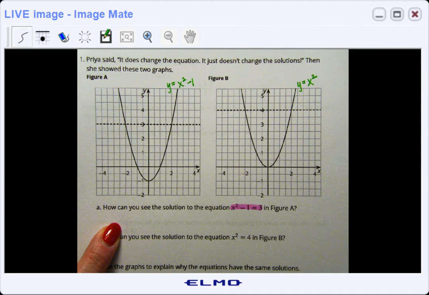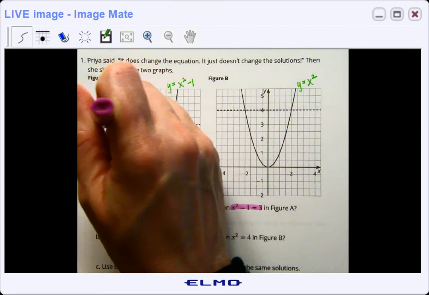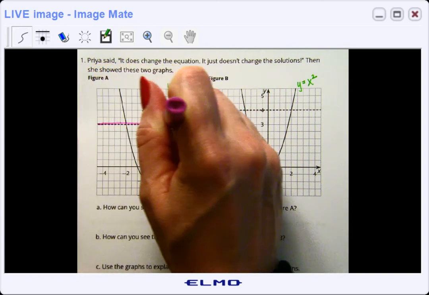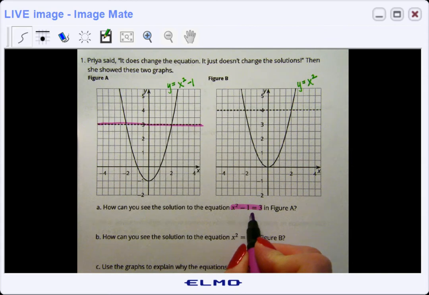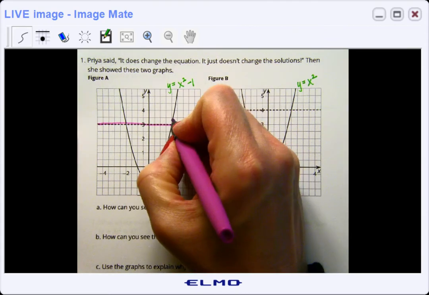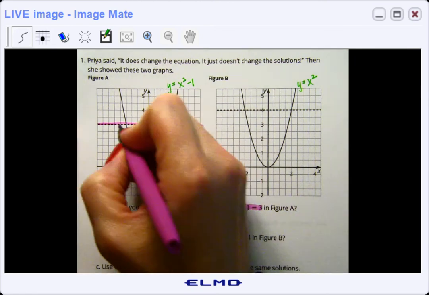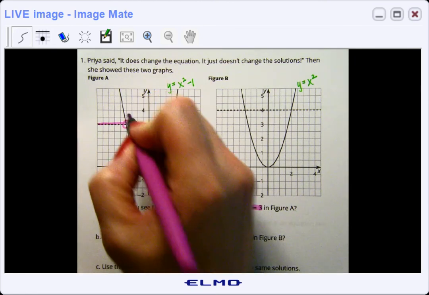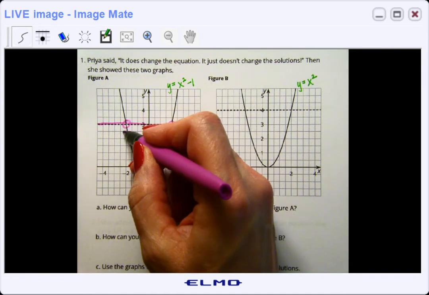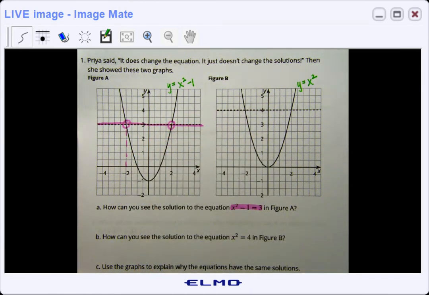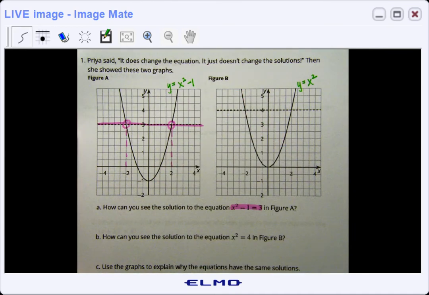For x squared minus 1 equals 3, that line at 3 has been highlighted. See that? And so x squared minus 1 equals 3 has two solutions where the y equals 3 line and the y equals x squared minus 1 parabola intersect. One solution is x equals negative 2, and the other one is x equals positive 2.